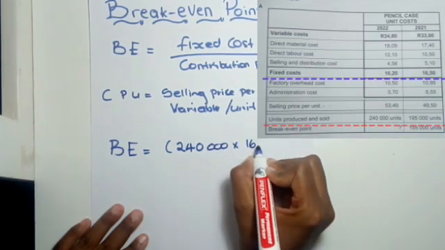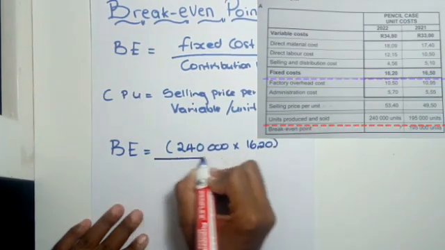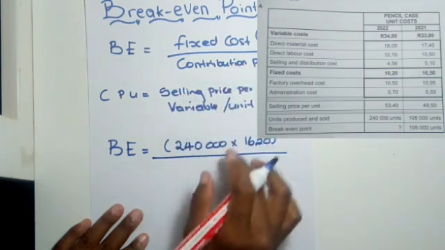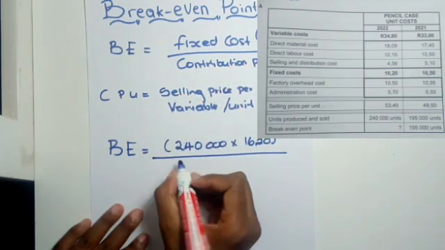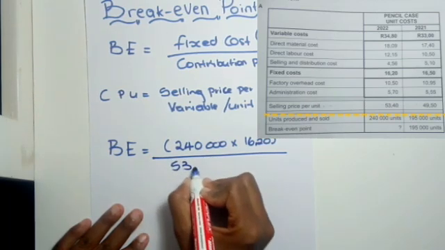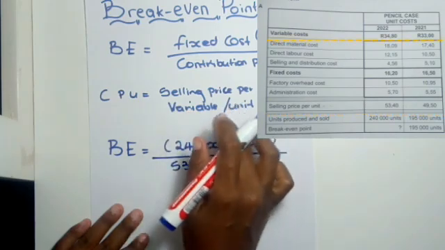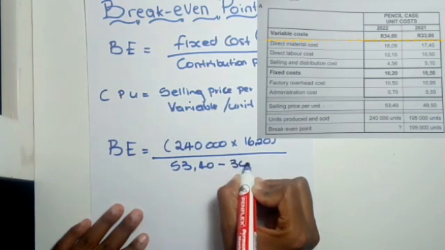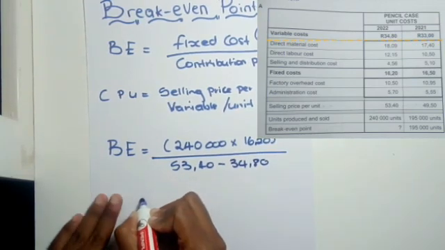So the units that were produced that year is 240,000 units. Multiply them by 16 rands 20, which is our fixed cost per unit, all over our contribution per unit, which is the selling price per unit, 53 rands and 40 cents, minus variable cost per unit, 34 rands and 80 cents.